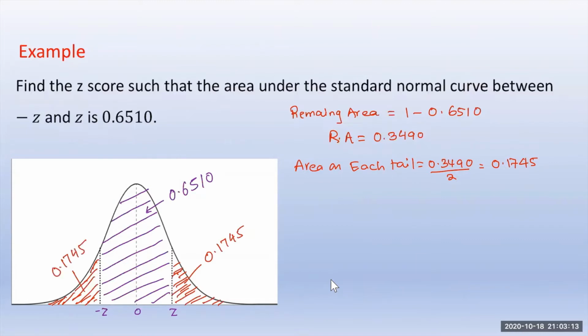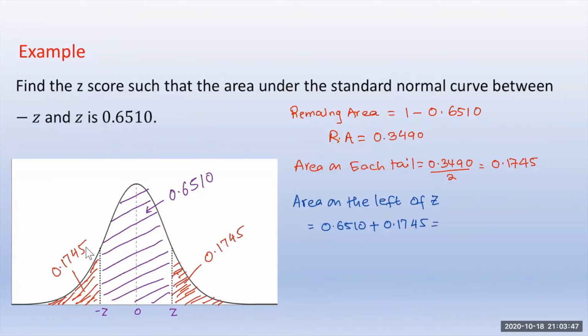So this area is 0.1745 and this one is 0.1745. Now, in order to use the TI-84 calculator to find the z-score, we need the area on the left of that. The total area on the left of this one is 0.6510 plus 0.1745. So area on the left of z is equal to 0.6510 plus 0.1745.